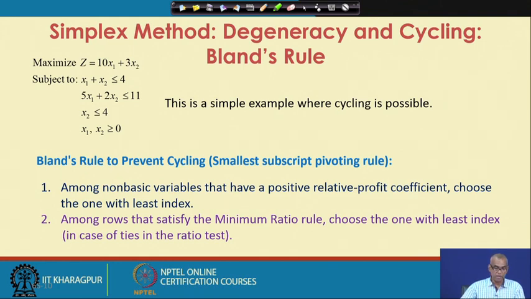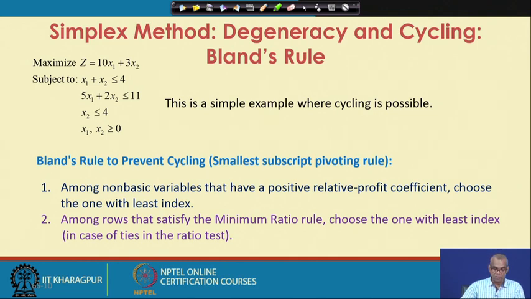Bland's rule states: among non-basic variables that have a positive relative profit coefficient, choose the one with least index. Among rows that satisfy the minimum ratio rule, choose the one with least index in case of ties in the ratio test.